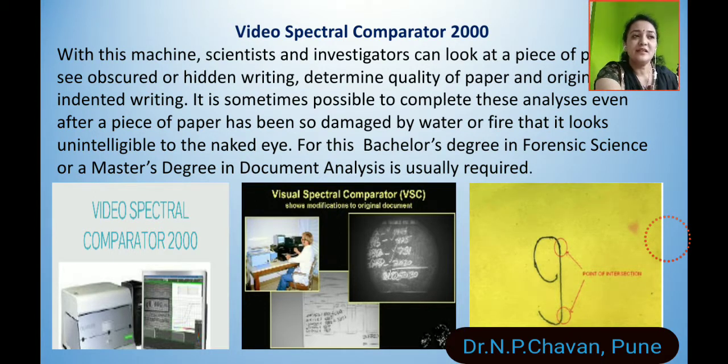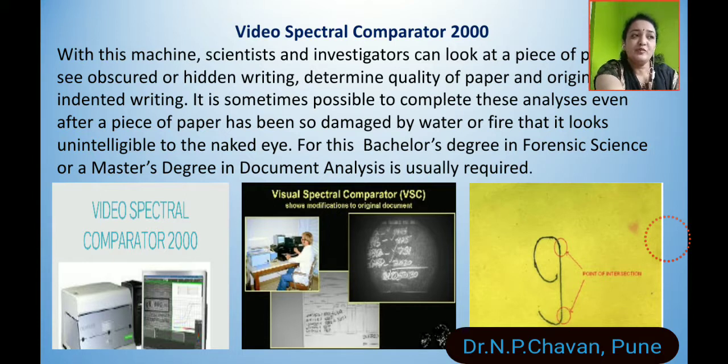With this machine, scientists and investigators can look at a piece of paper and see the obscured or hidden writing, determine the quality of paper and its origin, and lift indented writing. By handwriting, it can be identified whether it was duplicated or whether it was written, damaged and again rewritten.